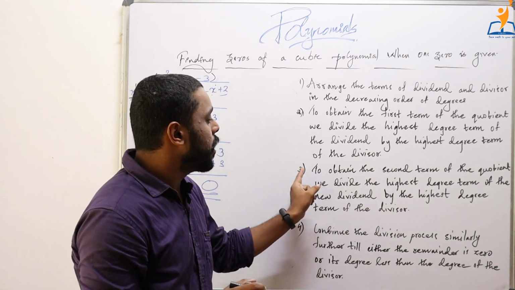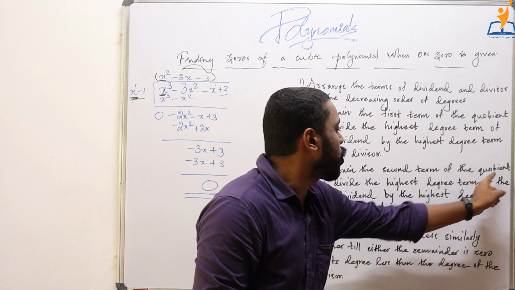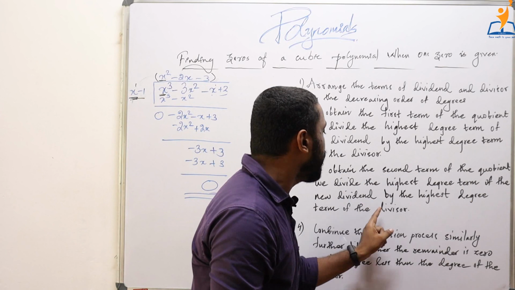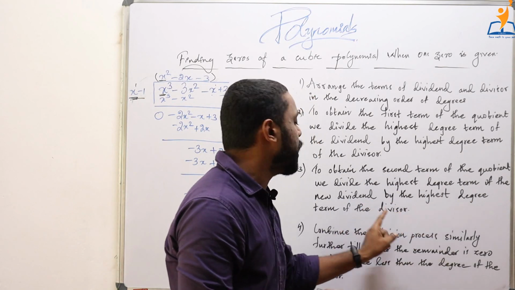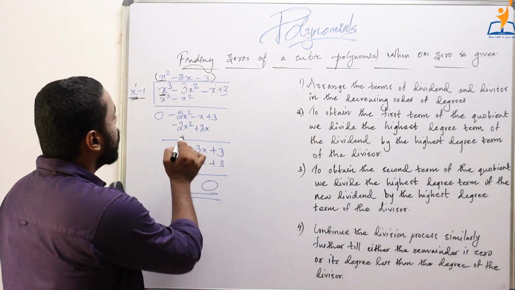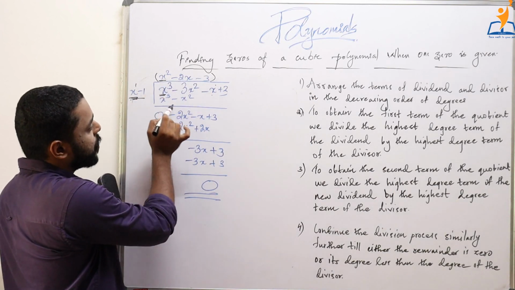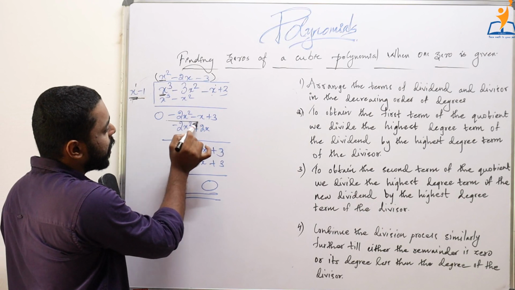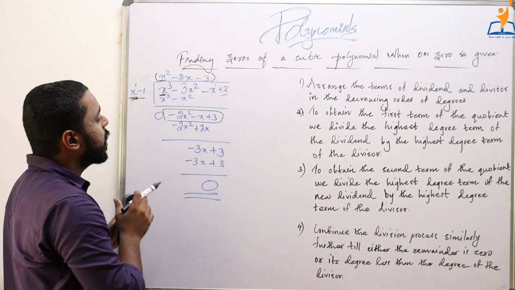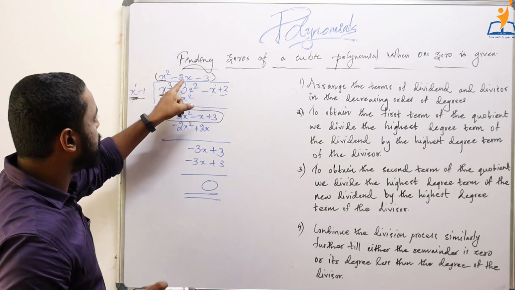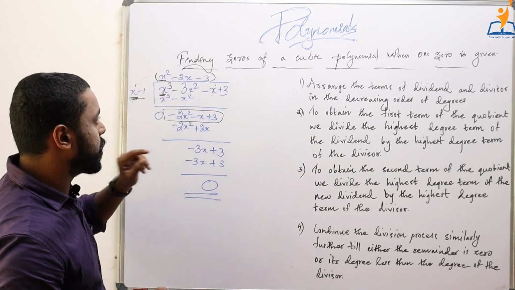Now the third step. To obtain the second term of the quotient, we divide the highest degree term of the new dividend by the highest degree term of the divisor. Here, after multiplying x square with the divisor we get this term, and after subtracting we get a new dividend like this. Then to obtain the second term in the quotient, we obtained minus 2x. How?